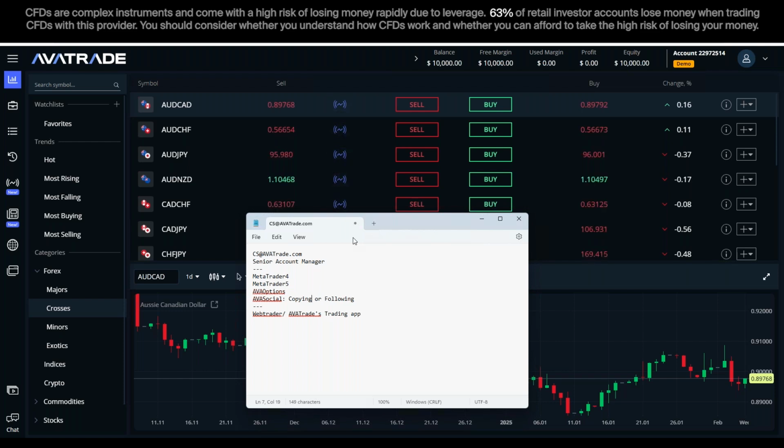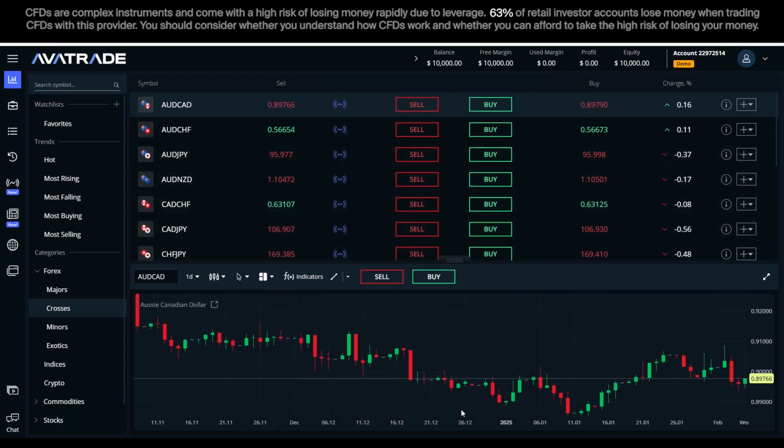And copying means that these trades will be launched automatically on my behalf. So following means I'm getting messages and I can choose whether to do the strategy or not, and copying means that a strategy is running according to the person that I'm copying.